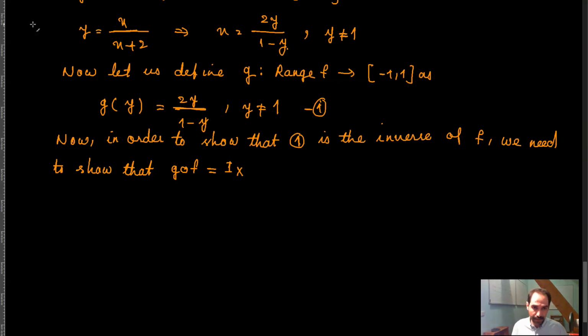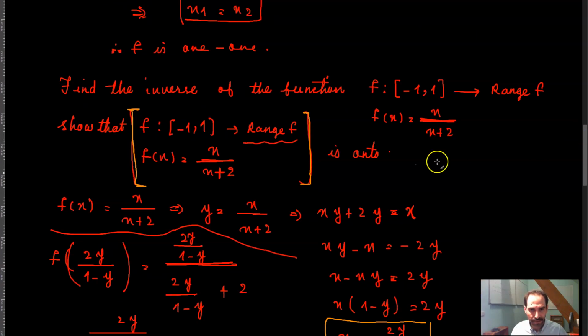Okay, so now we have found this function. In order to show that this function that we have called g here is actually the inverse of f, we need to show that g of f of x is equal to I of x, meaning that g of f is the identity function on the domain of f, meaning that the domain of f over here is all of these elements.